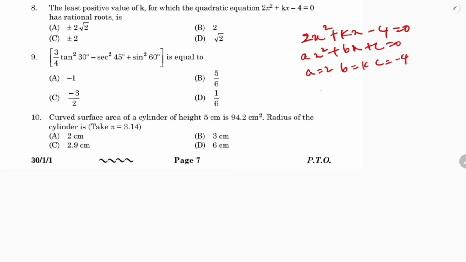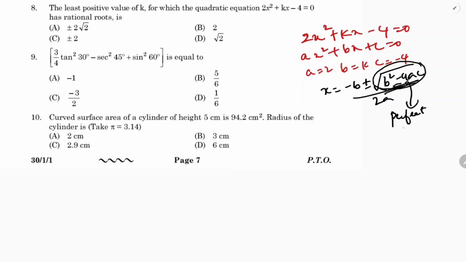The quadratic formula is x equals under root b square minus 4ac by 2a. They want rational, so this value b square minus 4ac should be a perfect square.